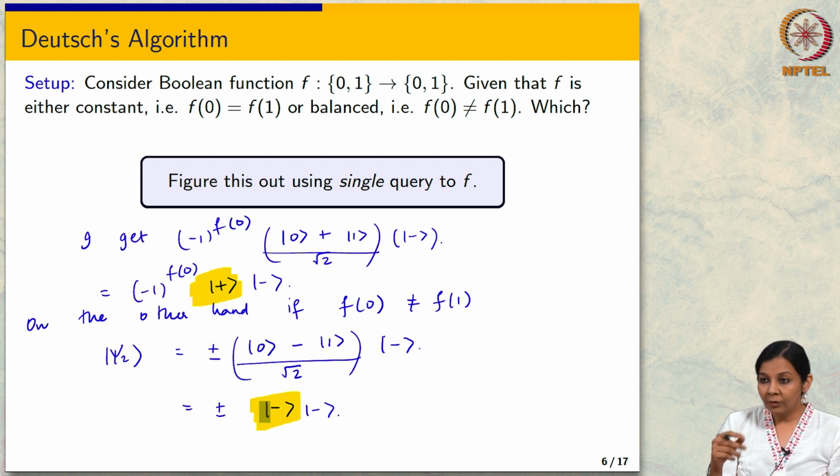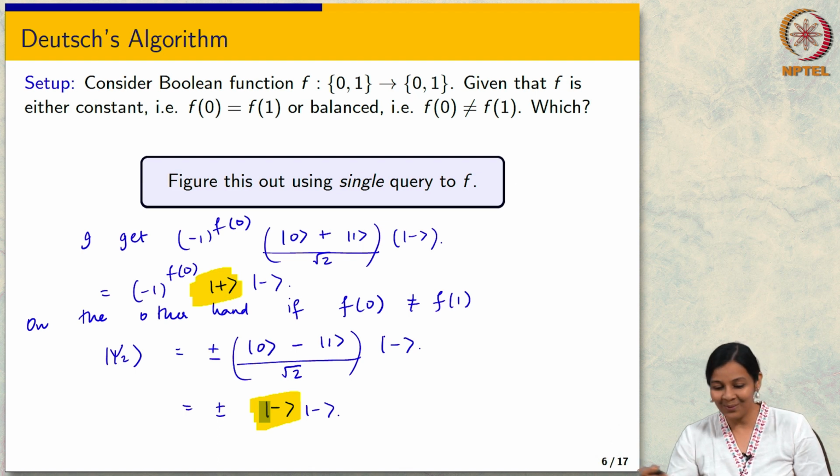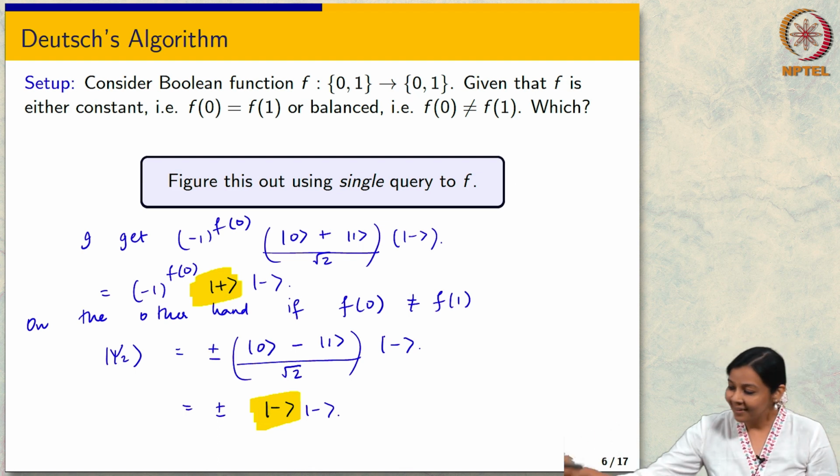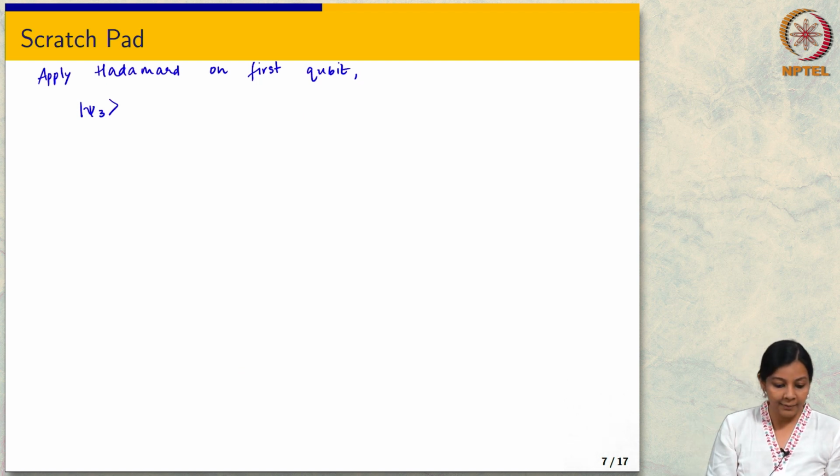This is the first qubit. Now if I apply Hadamard to plus, what do I get? 0 or 1, one of the two. You can always try. In one case I will get 0 and in one case I will get 1.